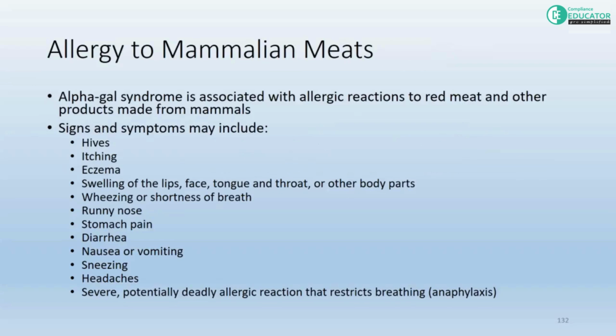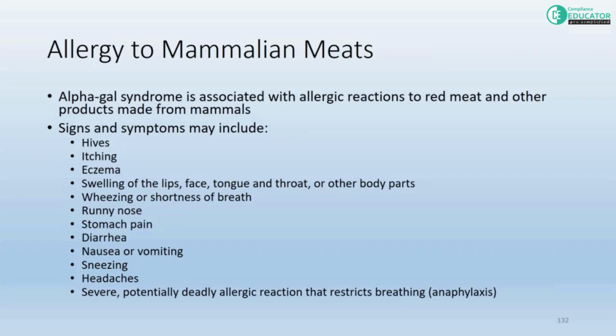And then we have this alpha-gal syndrome, which has been associated with allergic reactions to red meat and other products made from mammals. In the United States, the condition most often occurs from the Lone Star or deer tick bites. And so the bite transmits a sugar molecule, and in some people, this triggers an immune system reaction that later produces mild to severe allergic reactions, and it's to the actual red meat.